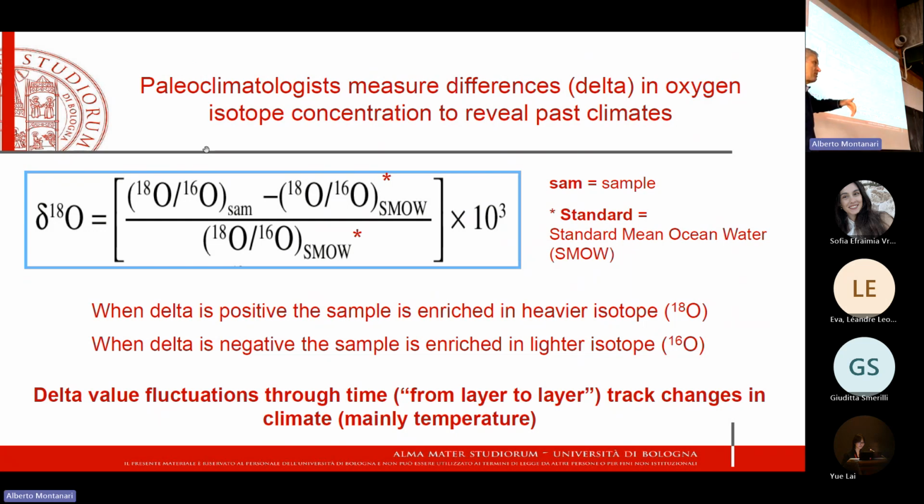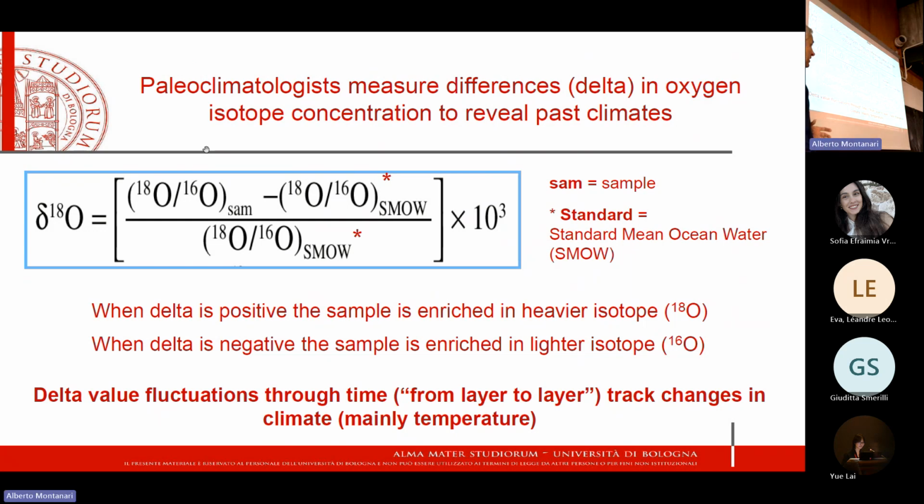Positive means with respect to today, more heavy isotope, lower temperature. Delta negative means with respect to today, there is more lighter isotope in the ocean water, which is not trapped into the ice. And therefore, it means warmer temperature.